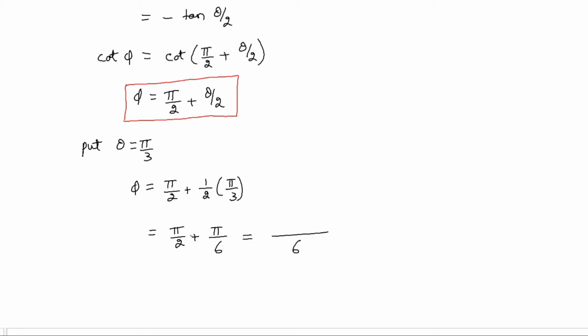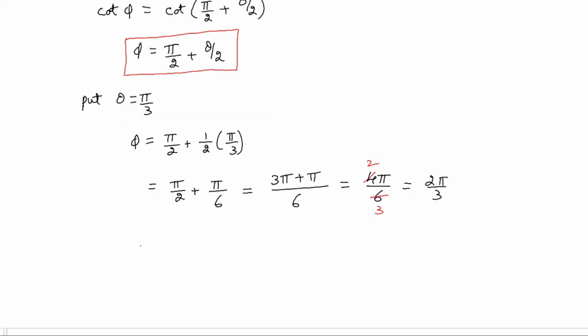If you take the LCM as 6, you'll be getting 3 pi plus pi, which will be nothing but 4 pi by 6. If you cancel out, it is 2 times and 2 3 times. So we'll be getting the value to be equals to 2 pi by 3. Therefore, we have got the value of phi to be equals to 2 pi by 3. So that gives us the angle between the radius vector and tangent, phi equals 2 pi by 3.